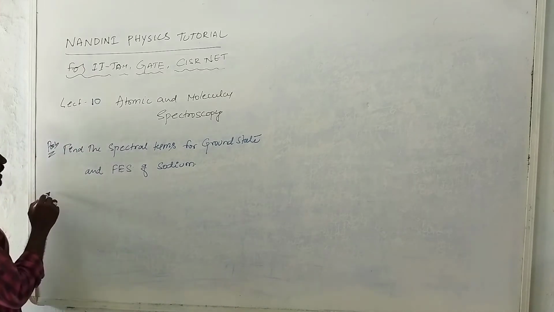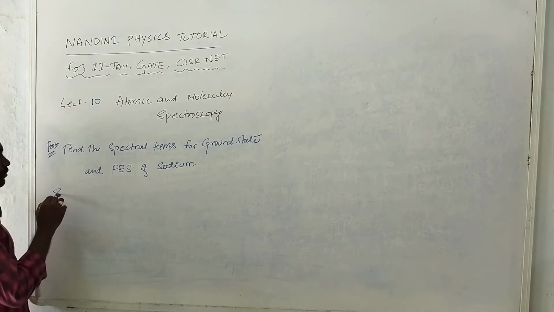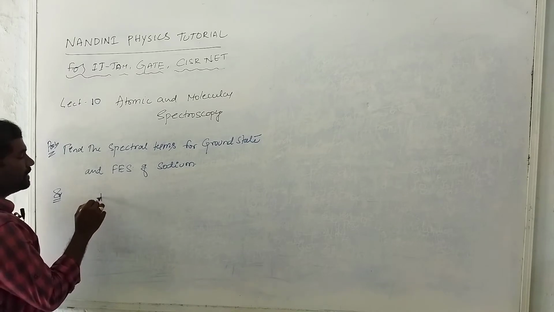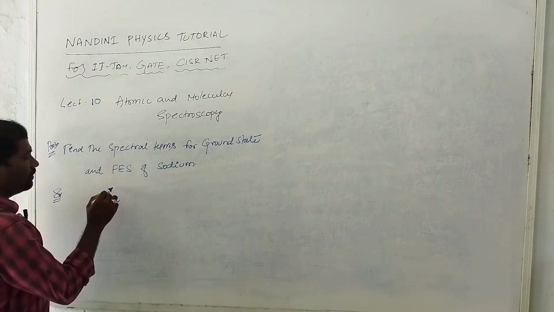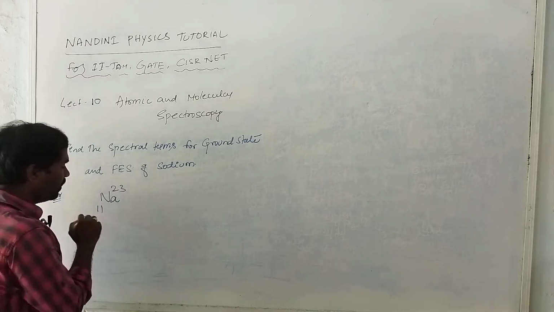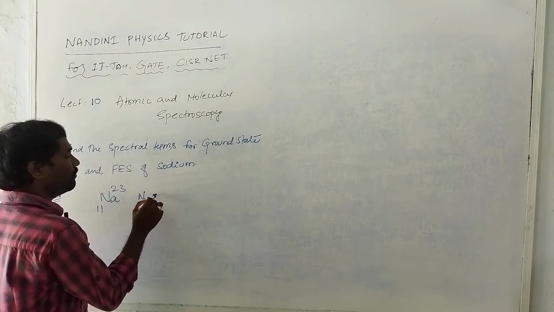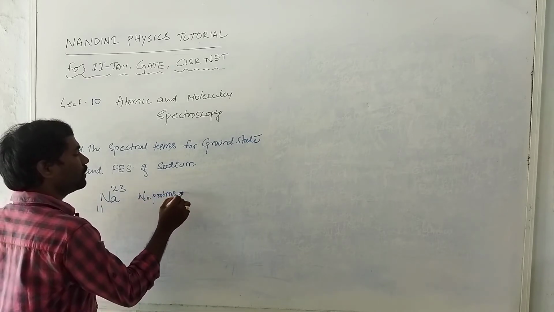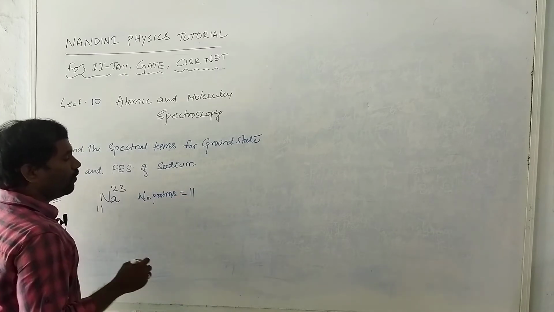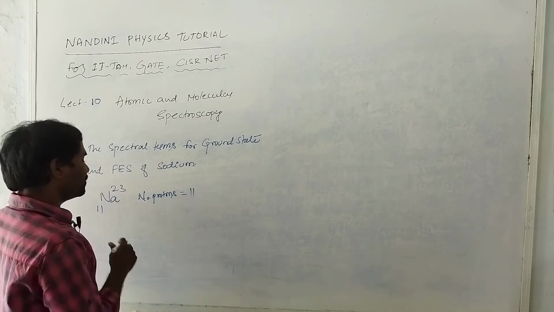We already know the sodium atom is Na, with atomic number 11, so the number of protons is 11. What is the atomic configuration for 11?